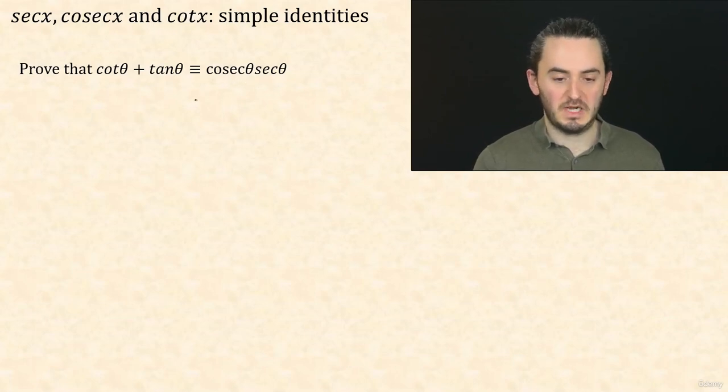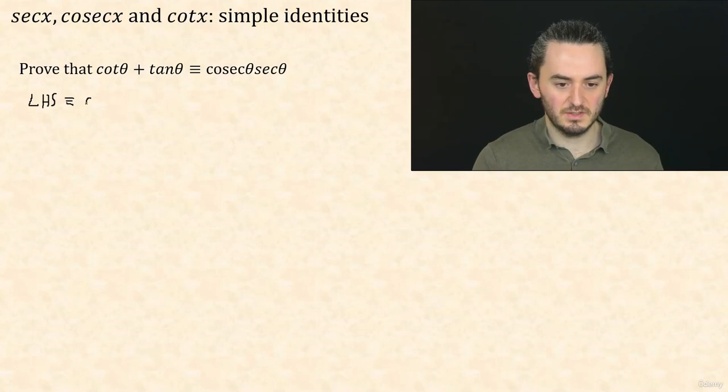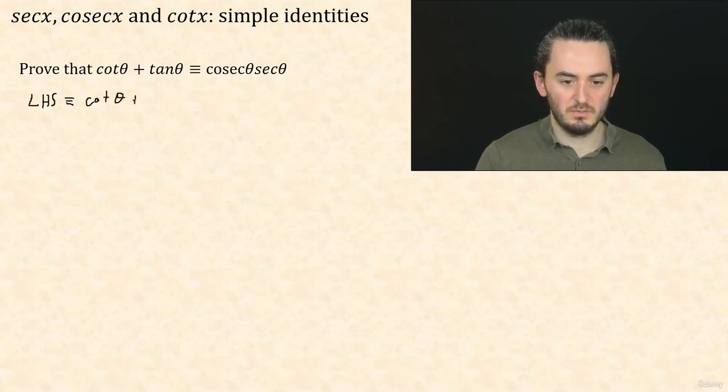Okay, so when we're proving identities, trigonometric or other, the best way to lay this out is to very clearly start by saying, here's the left-hand side. So the left-hand side, and I'm using the triple equals sign, says identical to, cot theta plus tan theta.